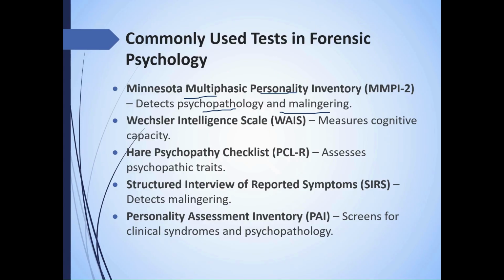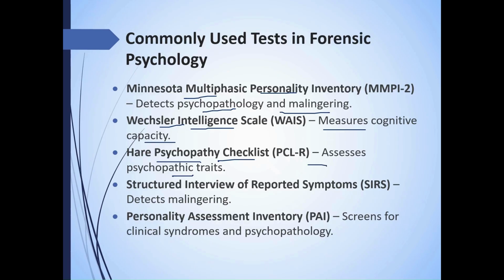having that psychological disturbance. Second, we have the Wechsler Adult Intelligence Scale, or WAIS. This is going to measure the IQ and cognitive capacity of the individual. Then we have the Hare Psychopathy Checklist, or the PCL-R, which is used to assess or detect psychopathic traits in criminals.